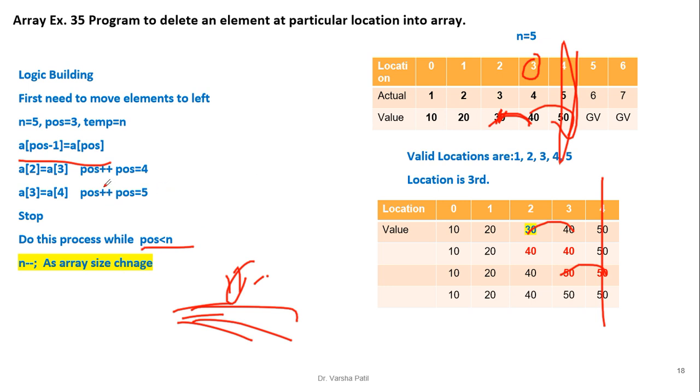So here we are continuously incrementing the position, and whether it should be position less than n or position less than or equal to n, we require to do some paperwork, and after that it can easily be understood that the loop should be executed for position less than n. After that we are decrementing the size of the array.